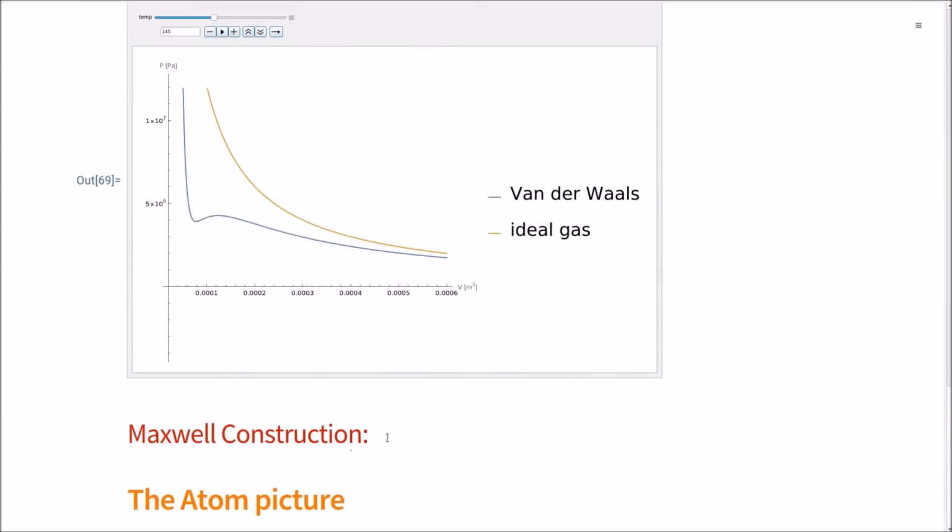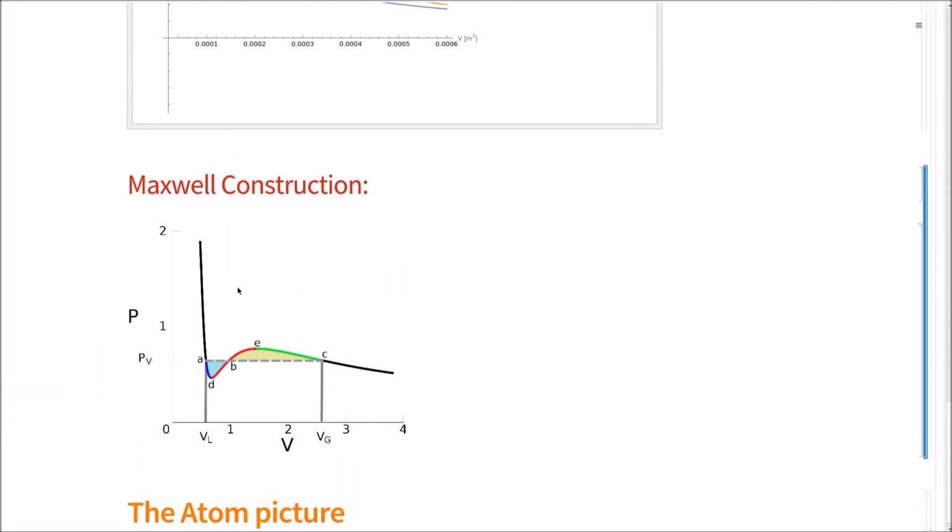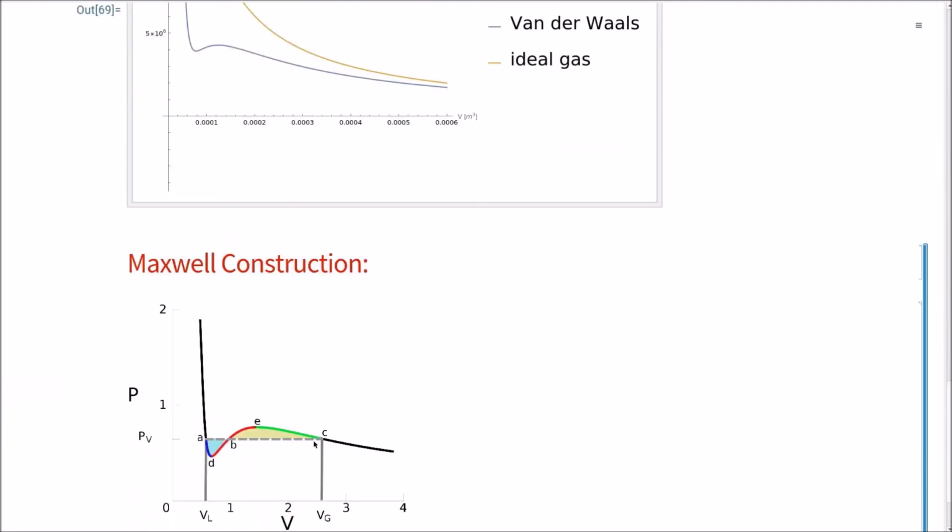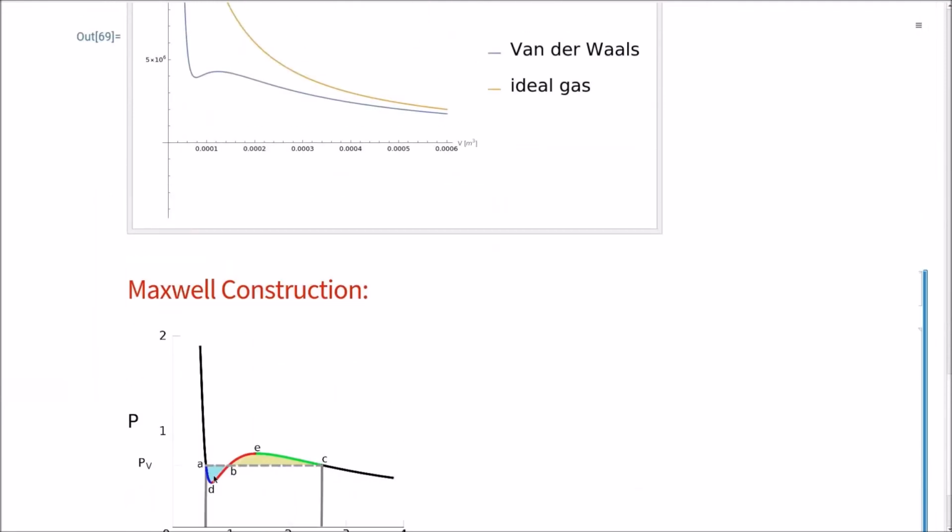This can be seen by the Maxwell construction. So the Maxwell construction says we have here equal areas, and compressing the gas from large volumes to smaller volumes, it will start to condense at this point.